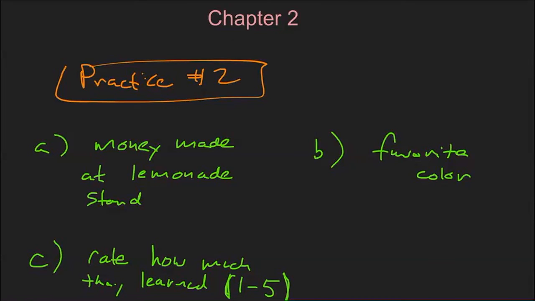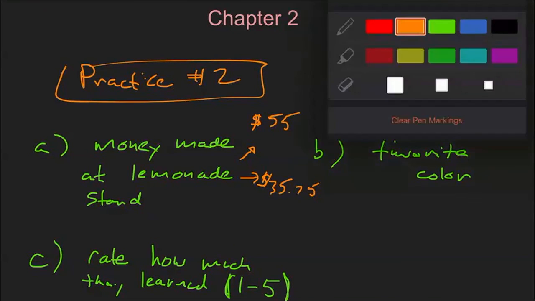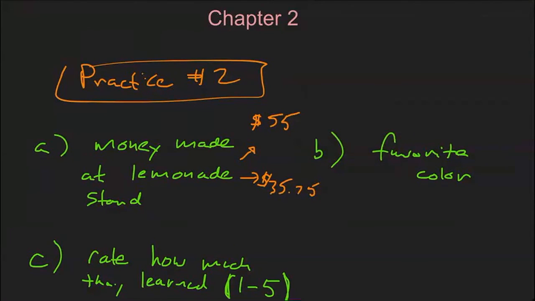All right, now let's have a look at these together. First one, money made at a lemonade stand. So we could imagine maybe one group of people makes, in a given day, $55, one group makes $35.75, and so on. And our question every single time is, are we talking about numbers with units?